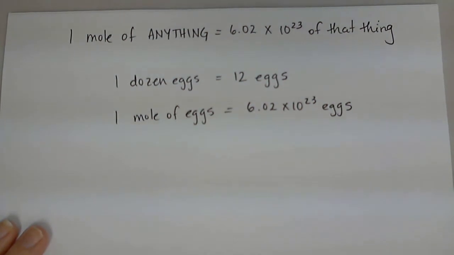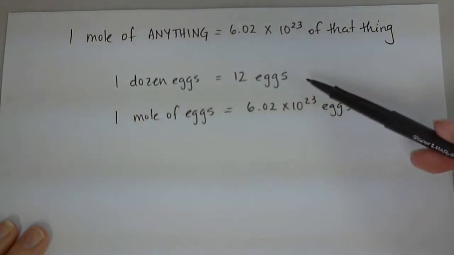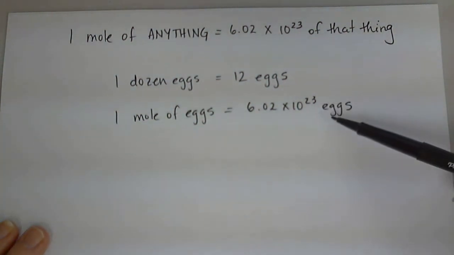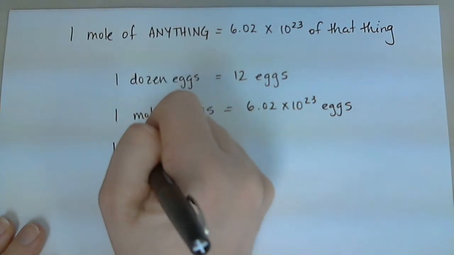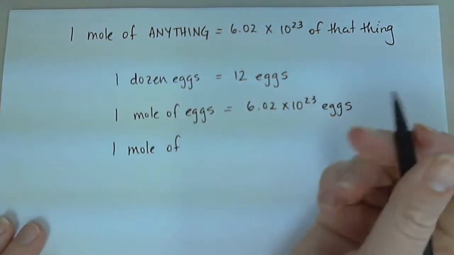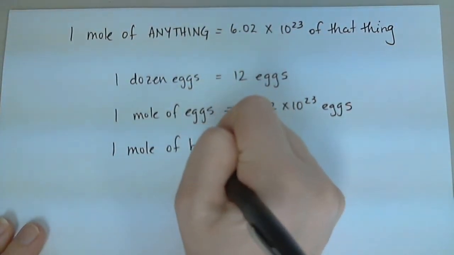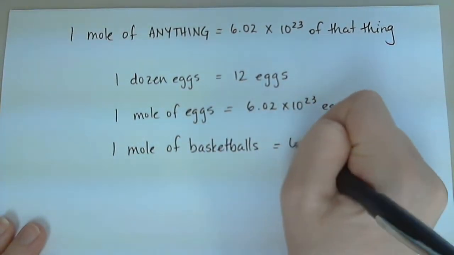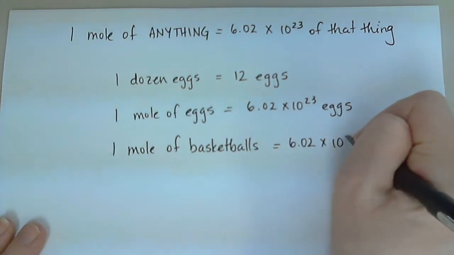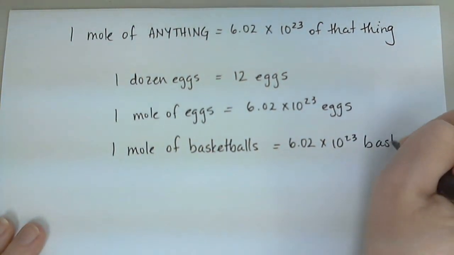Now, the only difference really is that a dozen is 12, whereas a mole is 6.02 times 10 to the 23rd. A mole's quite a bit larger than a dozen. Similarly, 1 mole of, I don't know, basketballs equals 6.02 times 10 to the 23rd basketballs.